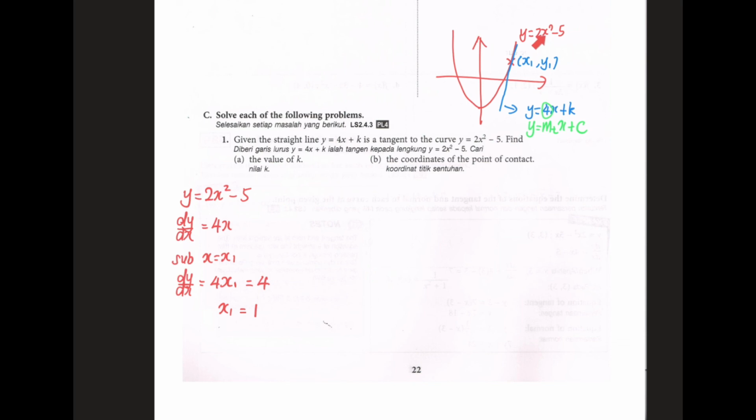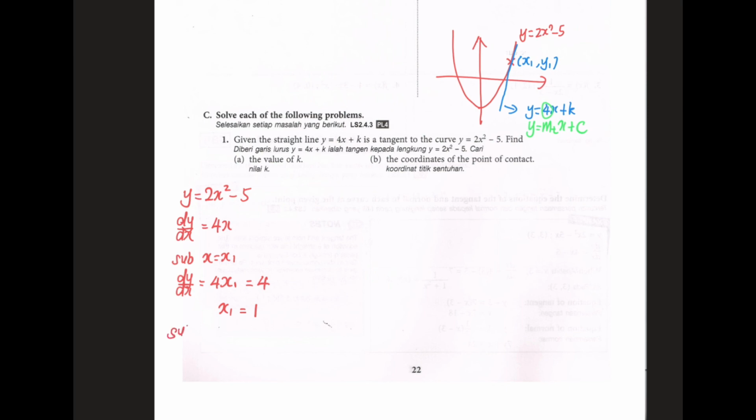But if I substitute here, it is okay. If I substitute 1 here, then I can easily find the y. Substituting into the curve or the equation of the tangent will be just fine because this point passes through the curve as well as the tangent. So substituting into either one will be okay.